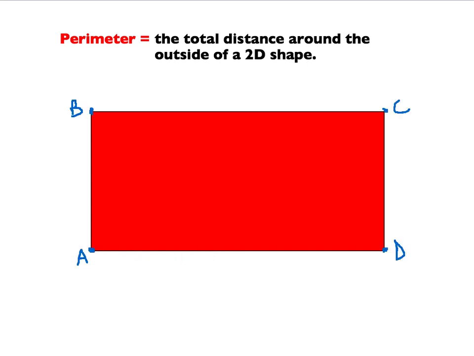To calculate the perimeter of this oblong, we need to add the length of each of its sides. So we need to add AB to BC to CD and finally to AD.